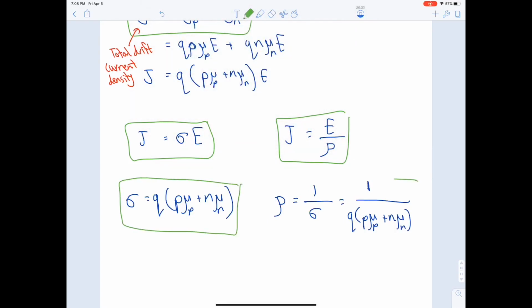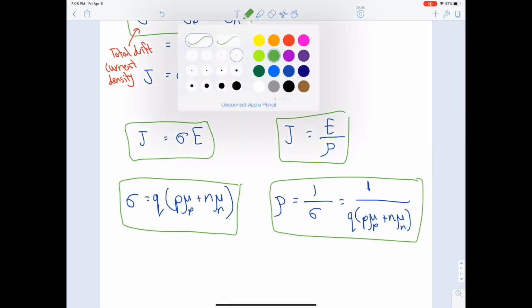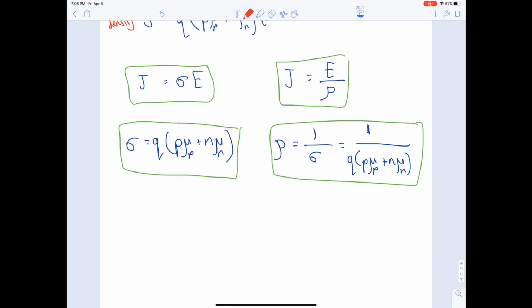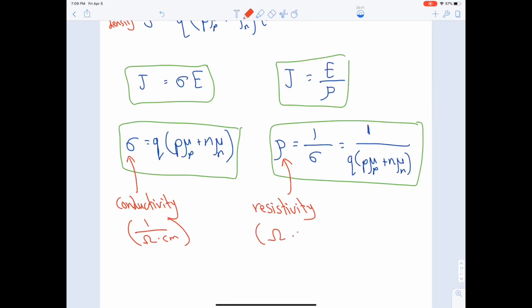This is the conductivity and this is the resistivity. That's conductivity with the unit, sorry, it's 1 over ohm centimeter. I know it's too many units, I'm getting confused also. Resistivity, which is ohm centimeter.